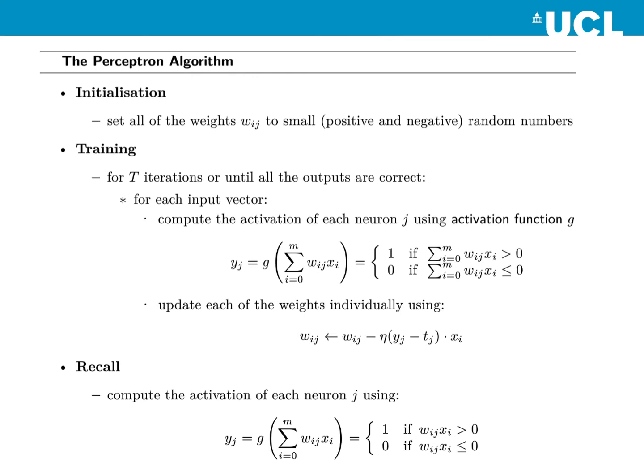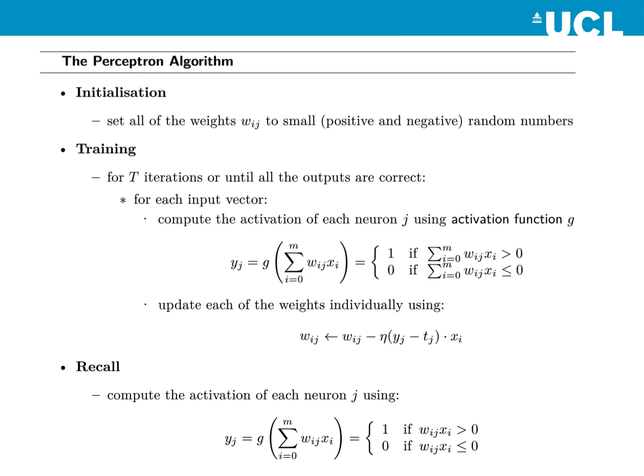You use the difference between your target and your output times eta times your input, and you subtract this from the previous weight, and that defines the new weight.